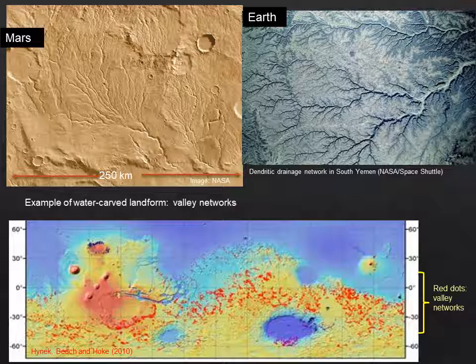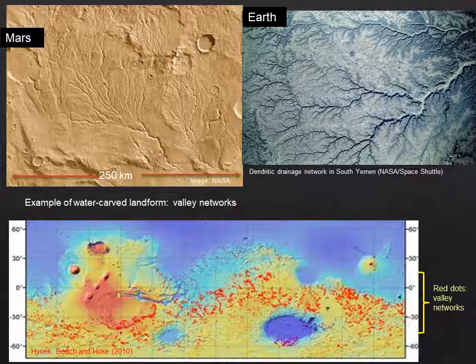Because of the similarities in morphologies and many additional studies, those valley networks have been interpreted as ancient river networks that likely formed by precipitation and by surface runoff, just like valley networks formed on Earth, at a time when Mars was much warmer and wetter than today.